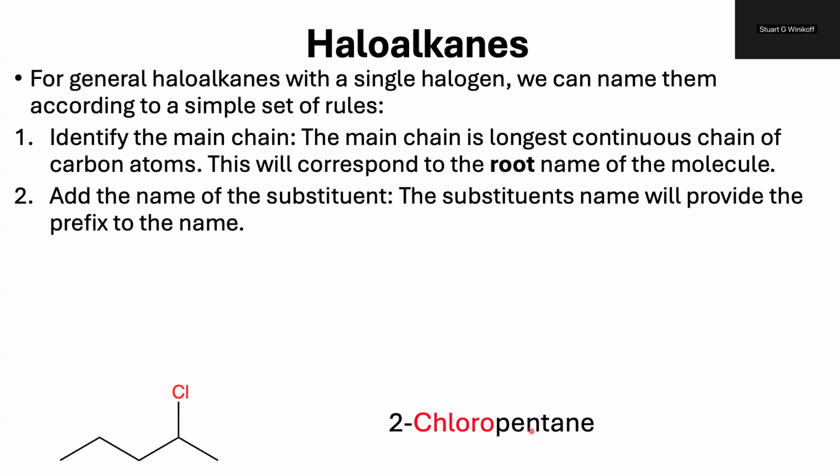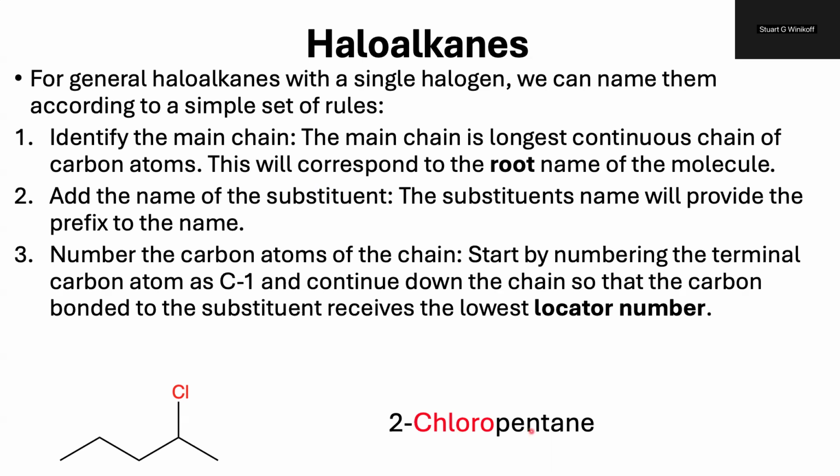Now, this third step is the real tricky one, and that's numbering the carbon atoms. In this case, we start at a terminal end and then work our way down. However, note that we have 2 different ends. So this could be either a 1,2,3,4 chloropentane or a 1,2,3,4 chloropentane, numbered from the other end.